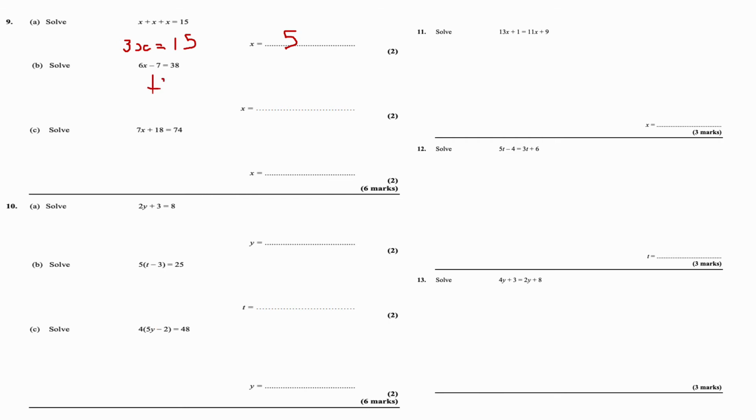Well, adding 7 to both sides to balance the equation, I get 6x is equal to 45. Dividing both sides by 6, I get 45 over 6, guys. Okay, and that's how I work out my answer. Of course, this does actually simplify. I can divide top and bottom by 3, so I get 15 halves for that.